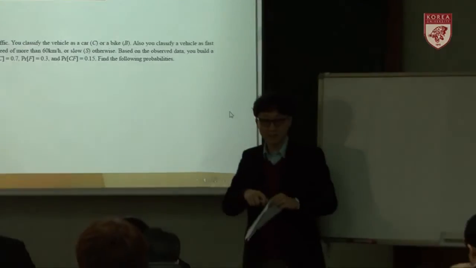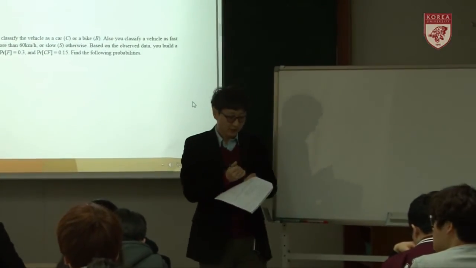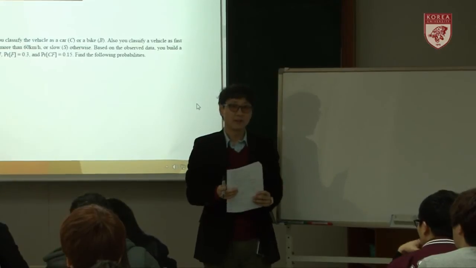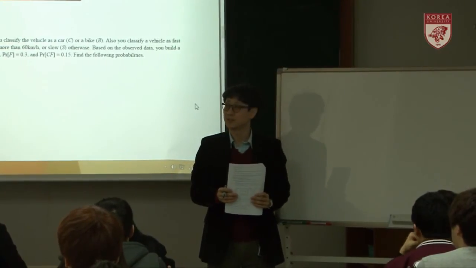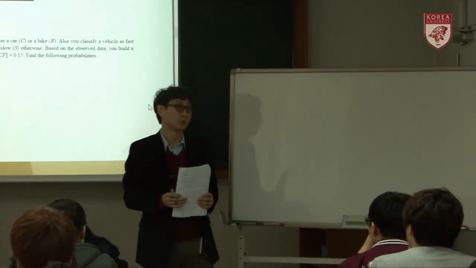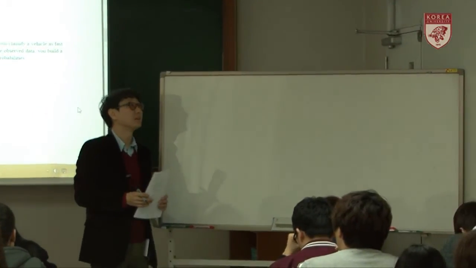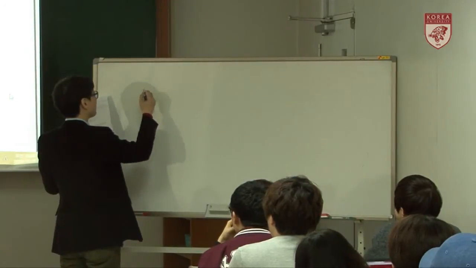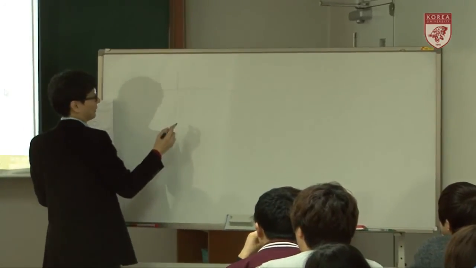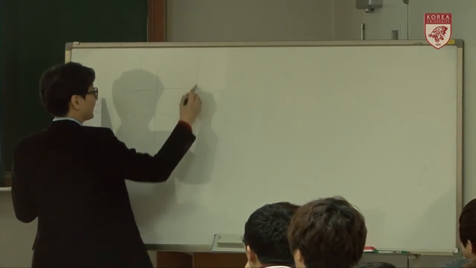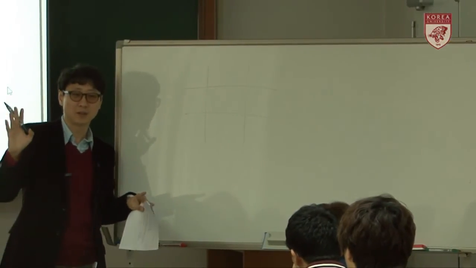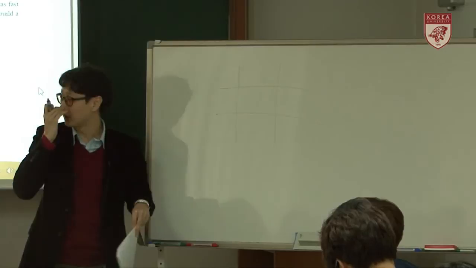You done? So it's easy, right? It's very easy. There are many ways to solve it, but the most convenient, the easiest, the dumb way is making a table. So here we have two kinds of classification.